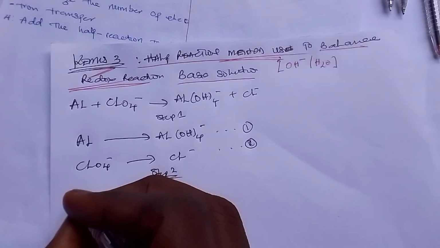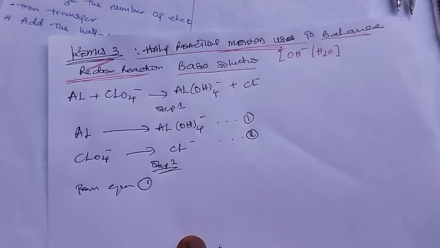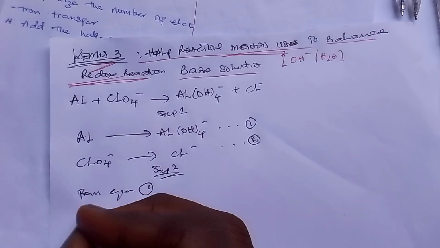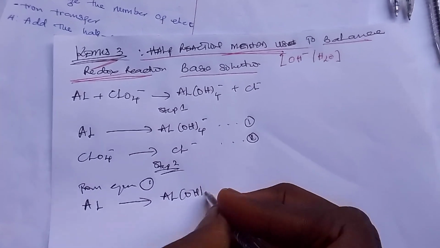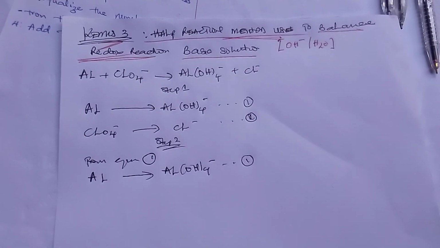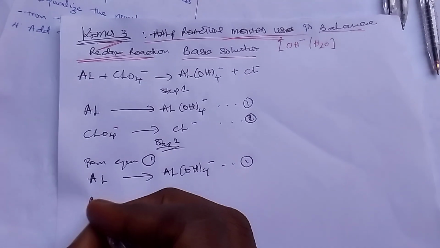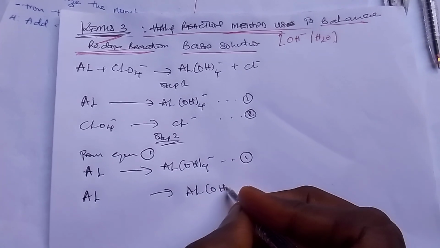Now, I'll pick from equation 1. From equation 1, I have aluminium giving me the aluminium polyatomic compound. This is equation 1. All right. So aluminium gives me aluminium hydroxide.